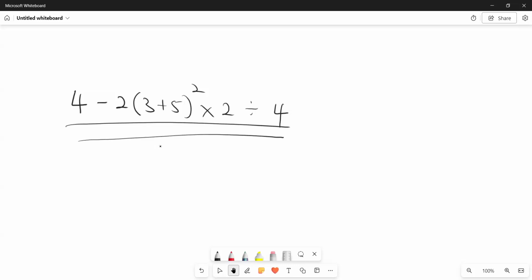Because some calculators don't understand, or rather, they're programmed in a way that you have to feed in the operations in the right order.